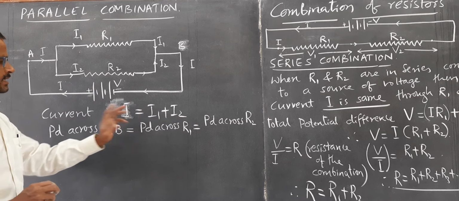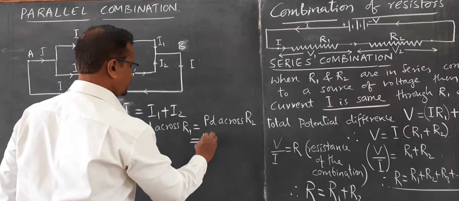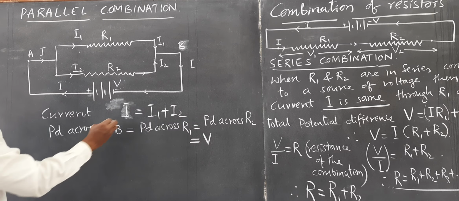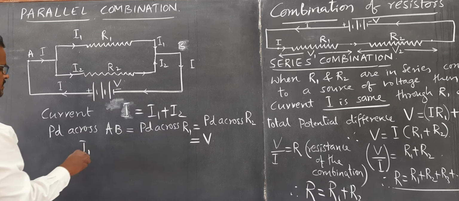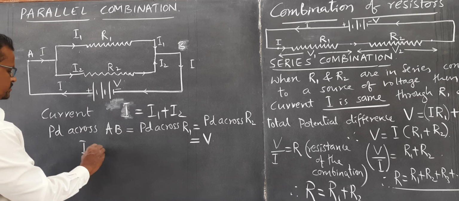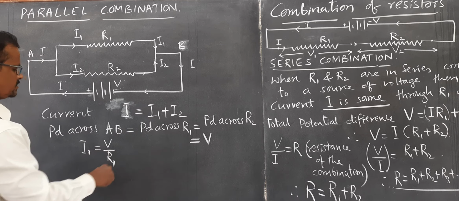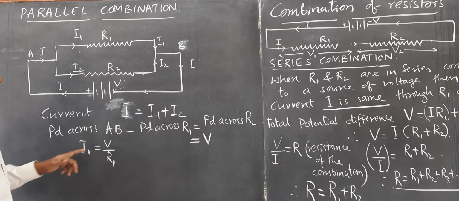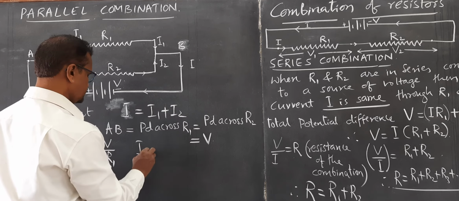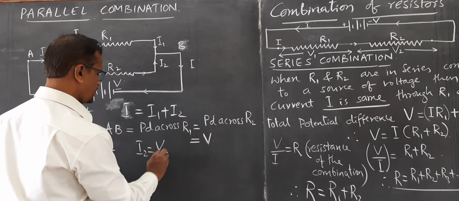Then V is the same potential difference. Then what is I1? From the diagram, I1 is equal to V by R1 according to Ohm's law. So, V is equal to R1 I1, and here I2 is equal to V by R2.